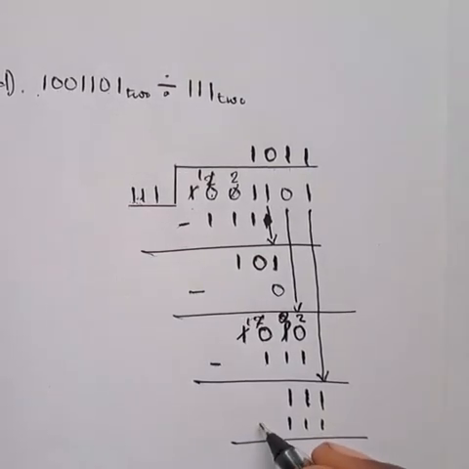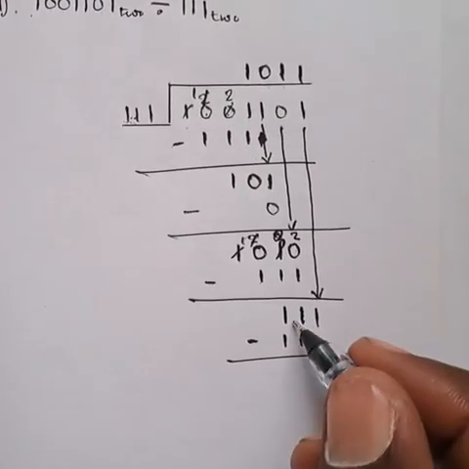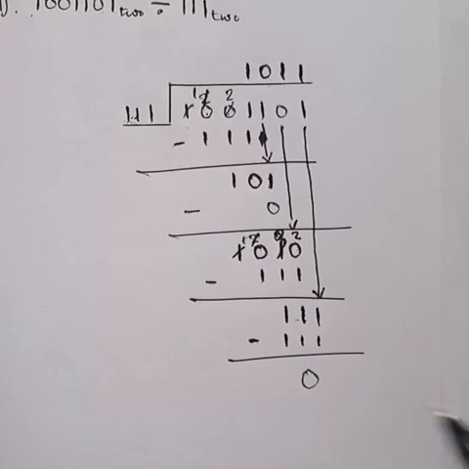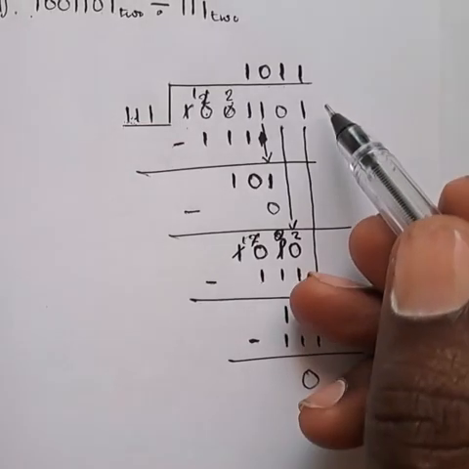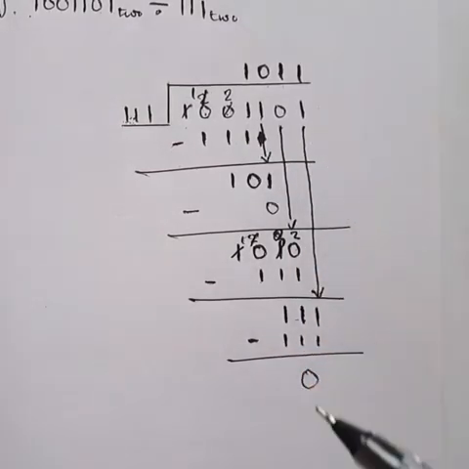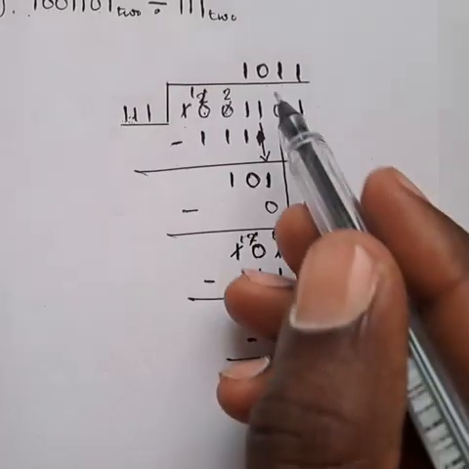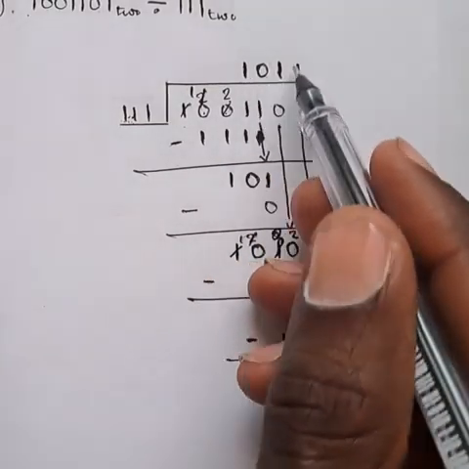Then we subtract there. So 111 minus 111, it's 0. Do we have any entry remaining in the dividend? No, everything has been digested, isn't it? So, and then we found our final answer here to be 0. So we concentrate on the quotient there, and that becomes our answer.